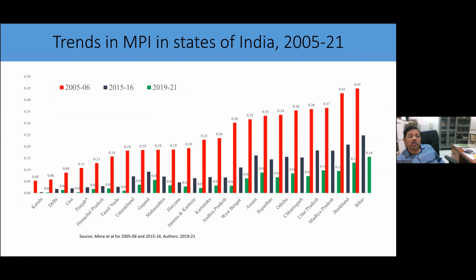Now, how does the MPI vary? It follows the trend. As in the case of H, the pattern of MPI is similar to that of the H values.